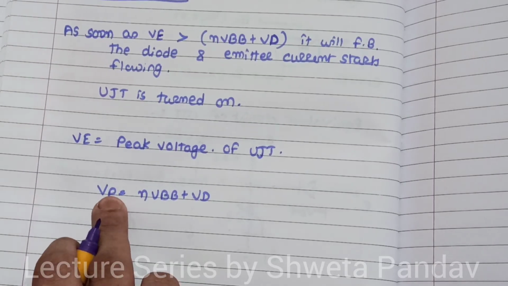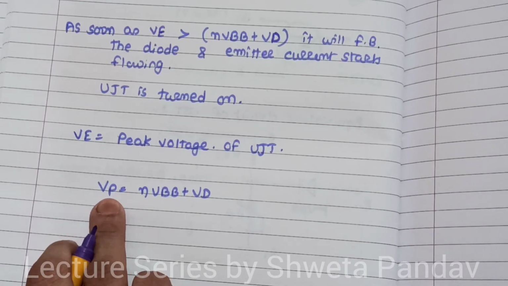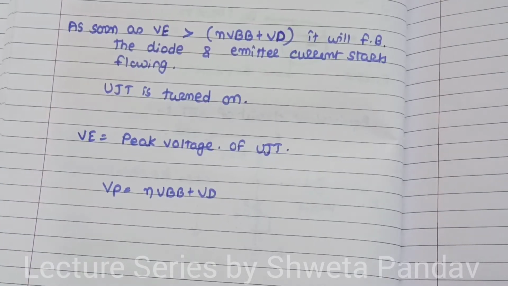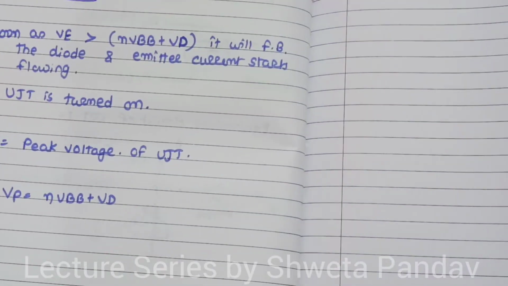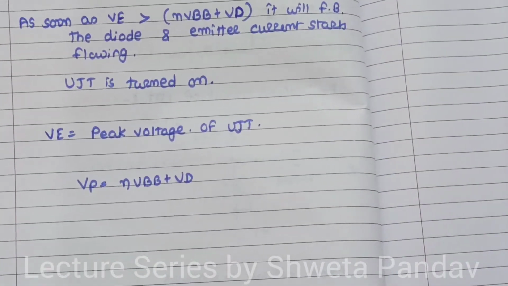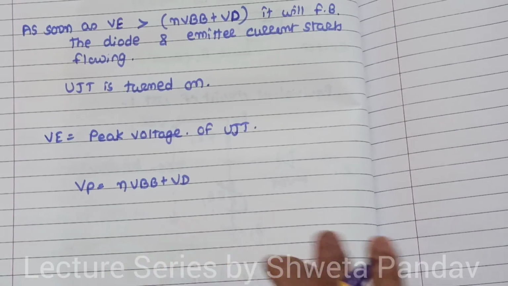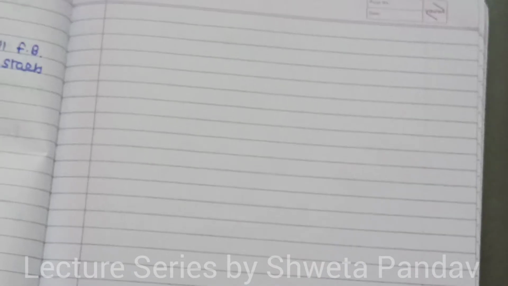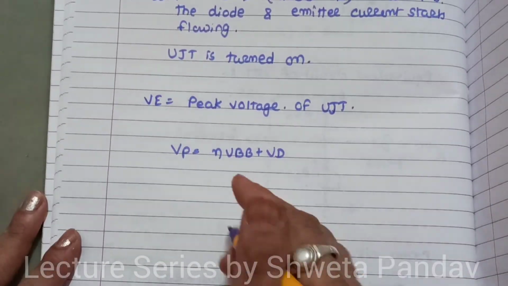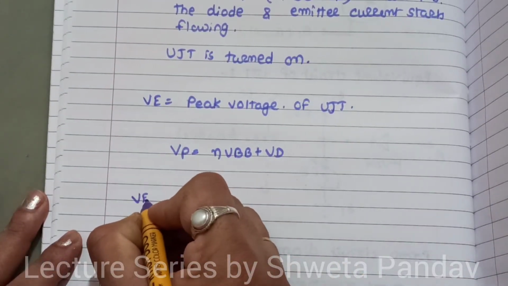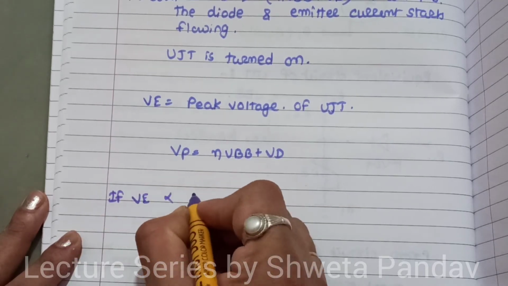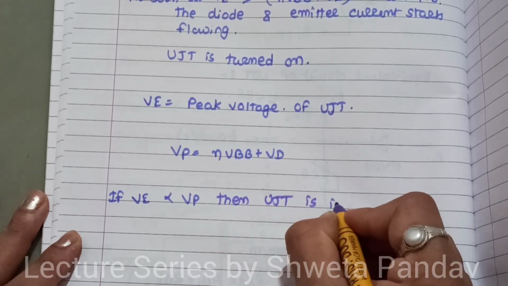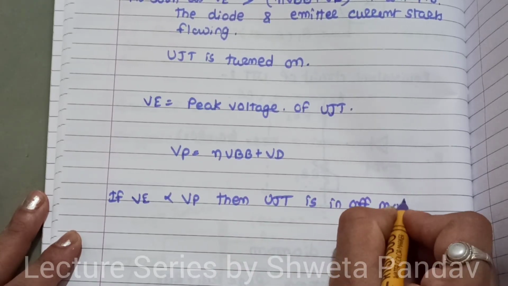So after the emitter voltage reaches the peak voltage, only then will the UJT be turned on. If the emitter voltage is less than this peak voltage, then UJT is in off mode.